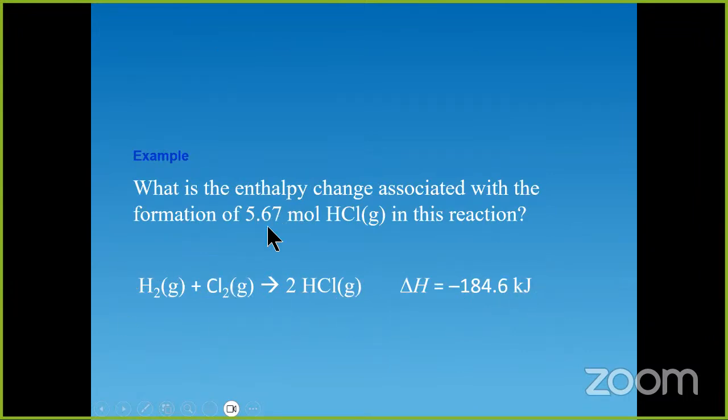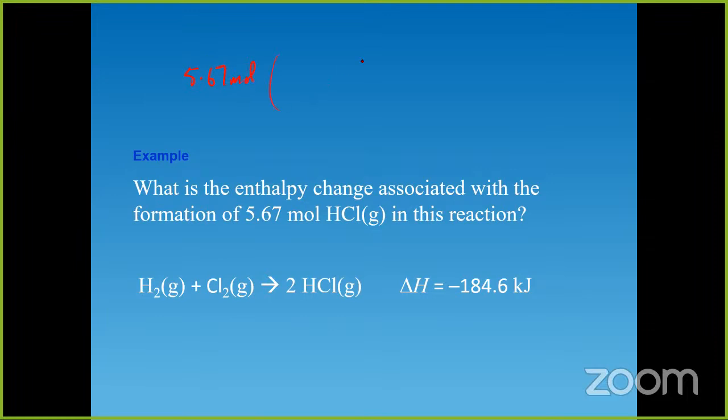And the question is asking here, what is the enthalpy change associated with the formation of 5.67 moles of HCl gas in this reaction? And it gives you the equation, it gives you the enthalpy change. So the first thing I would do here, I'm going to do the problem up here. I'll write down what is given in terms of the moles of HCl.